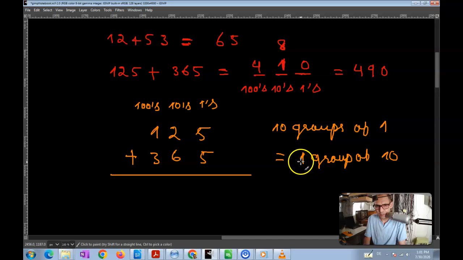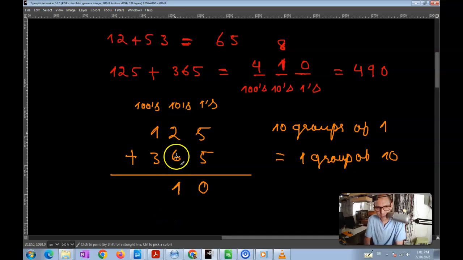So then that means that essentially this operation, the only way that I can write it in the number, I have to write it as 1 group of 10. So 1 group of 10 I'm going to write over here, right? And of course there are 0 groups of 1, so I put 0 over here, right?